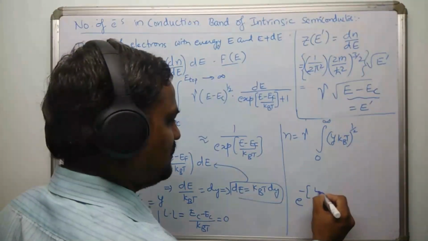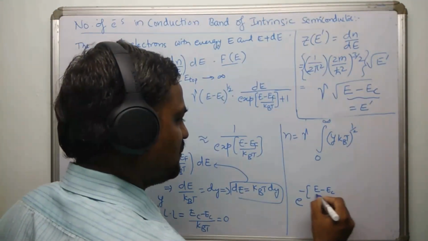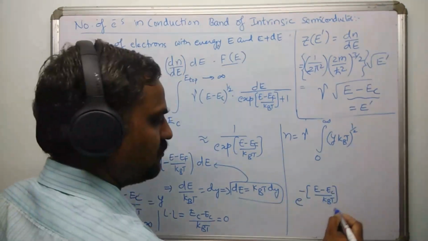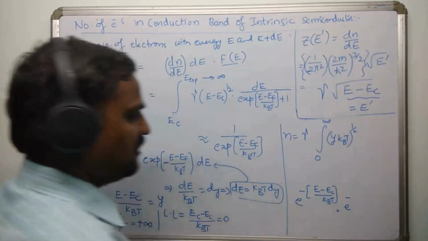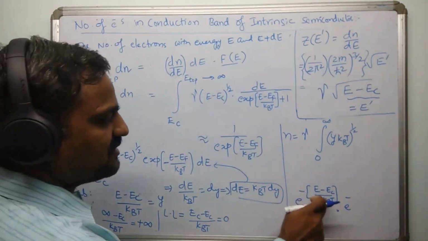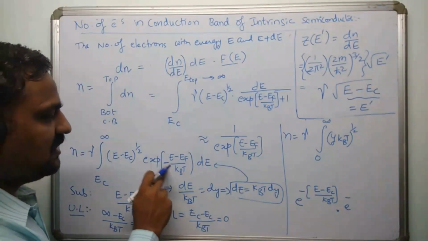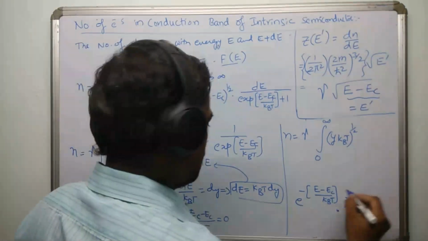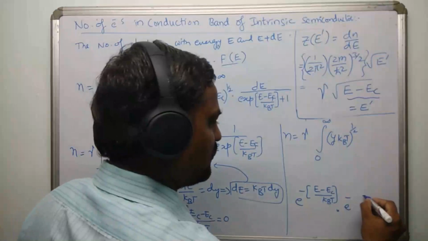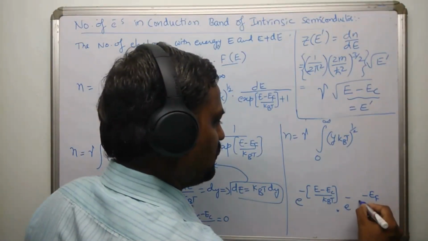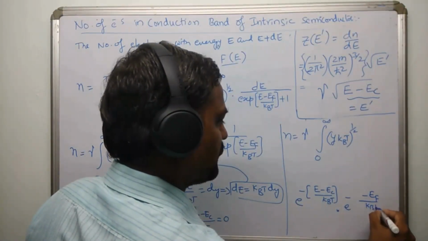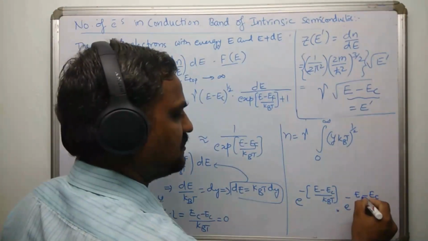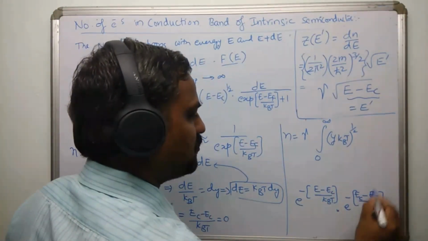I'll write it as e power minus of E minus EC by kBT as one term, into e power minus, since I have added EC, minus EC divided by kBT, plus EF by kBT. As I have added an EC, I have to subtract the same EC. So this is what I am going to do.